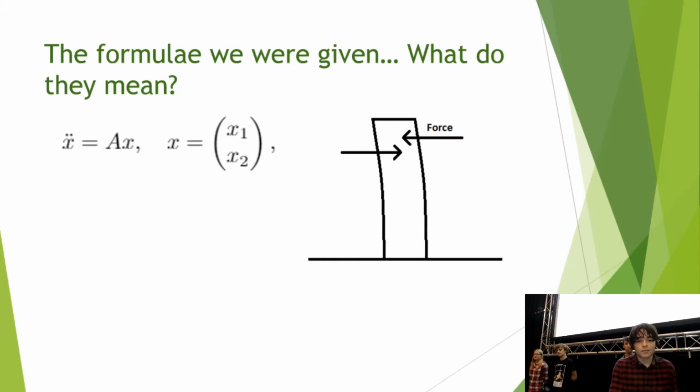But now, after long, painful months, we understand that x double differentiate is the acceleration of the earthquake, A would be the matrix, and x is the vector of the two speeds in different planes. As you can see by the well-drawn diagram, acceleration is proportional to force.